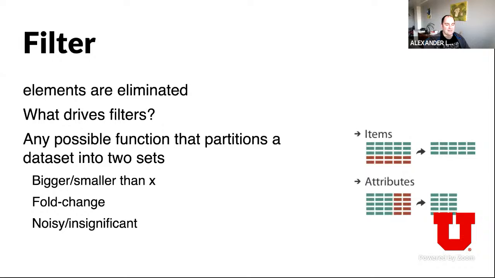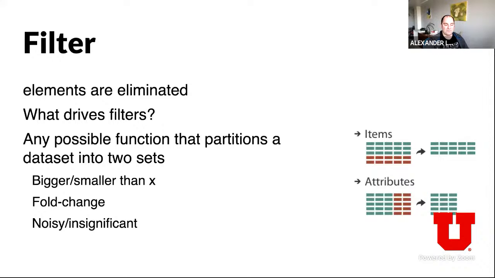Filtering is about eliminating elements or attributes. And I guess we have to ask ourselves, what is it that drives a filter? The answer is any possible function that partitions a data set into two sets: the elements that are still remaining, and the elements that are removed. You can come up with any kind of filter that you want. You can say it's bigger or smaller than x in a particular dimension.